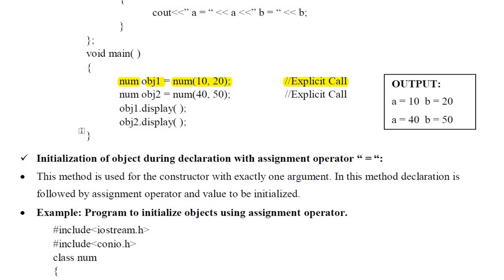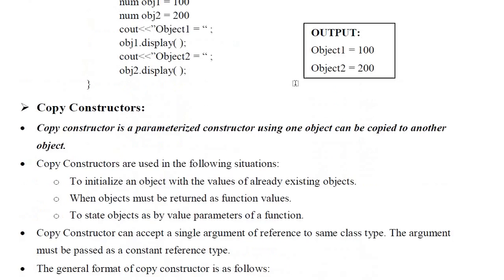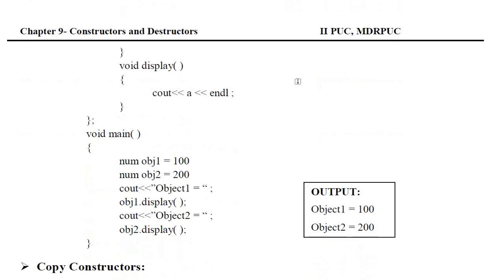Then, initialization of an object during declaration with the assignment operator. In this method, values of the objects are initialized using the assignment operator or equals operator. So here we can see, like this. This is the initialization of an object by the equal to operator.